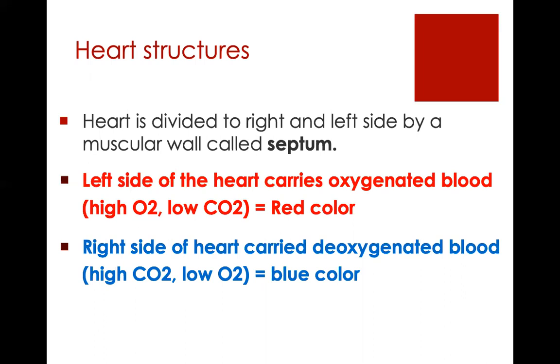Oxygenated blood is high in O2 and low in CO2. Deoxygenated blood is high in CO2 and low in O2. Therefore, sometimes I refer to this as quote-unquote bad blood. Again, nothing bad about it. It just means it has a lot of the waste gas CO2.